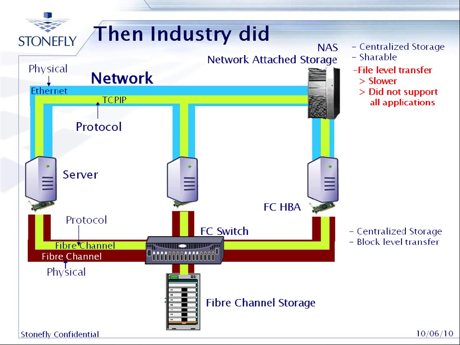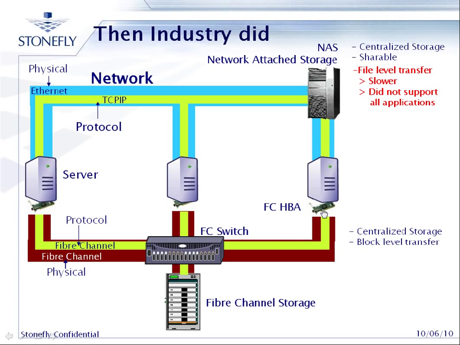The next step brought in the Fibre channel. Fibre channel does have the centralized storage, so it solved that problem, and you can share the storage between multiple servers. It also has the capability of doing a block level transfer, which solved the performance problem. But what it brought with it was that almost everything was new.